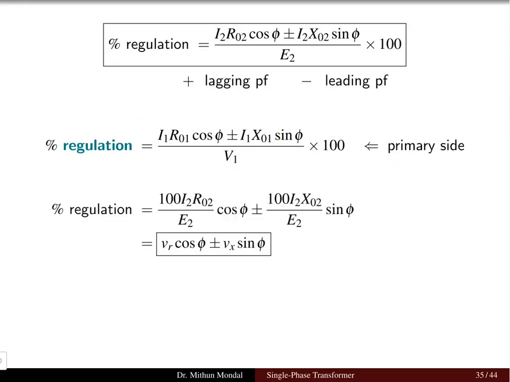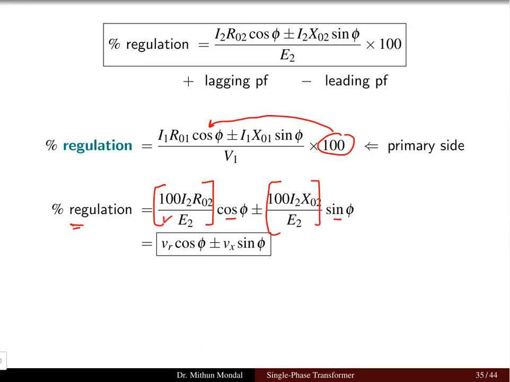Now, if we find the regulation with a little mathematical manipulation, where we take this 100 inside, then we can say that 100 I2 R02 divided by E2 cos phi plus minus 100 I2 X02 by E2 sin phi.